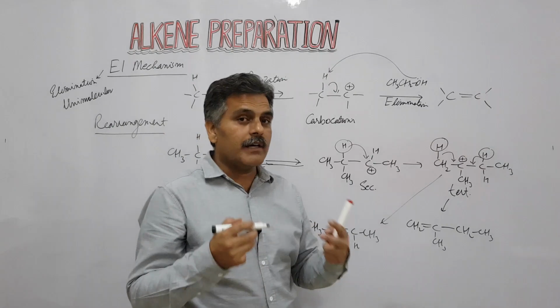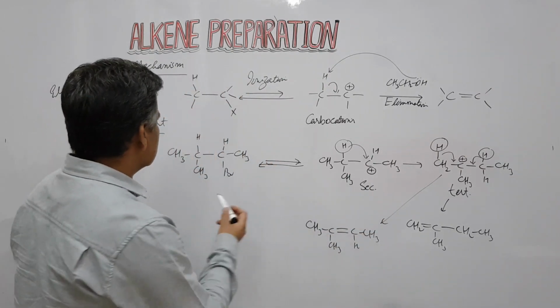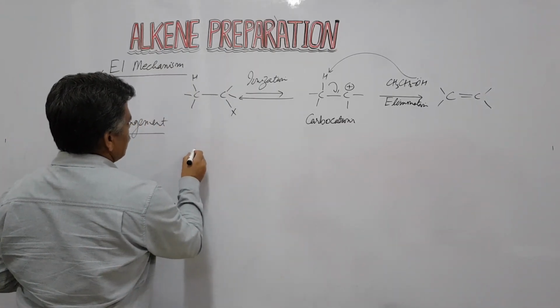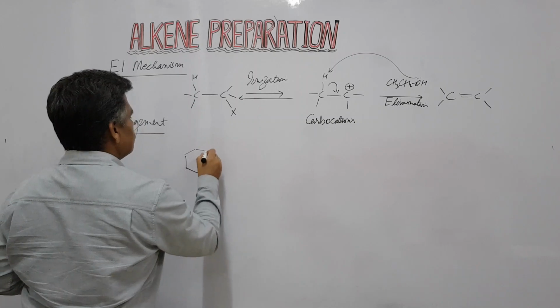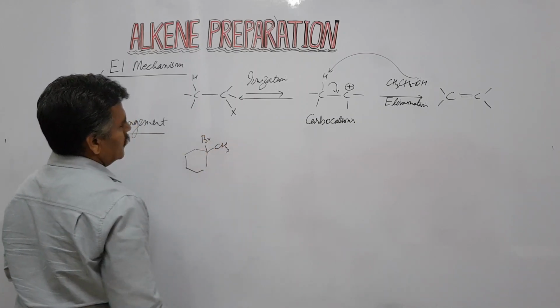But the E1 reactions have been used to study the carbocation. So let's discuss some examples. We have a cyclohexane substrate, CH3 and Br.